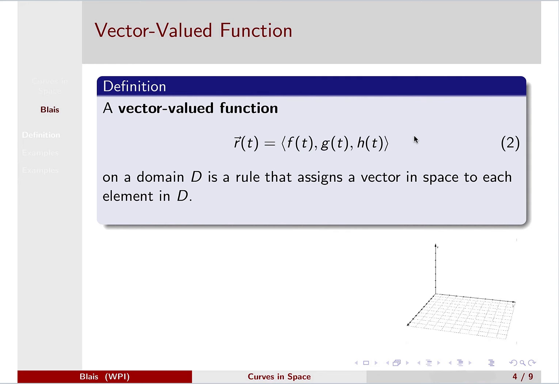So t is our parameter. T lives in that domain, and for each t, we get a vector on the right here, as given by these parametric equations. And we can think of this position vector as pointing to our particle that is moving in space.